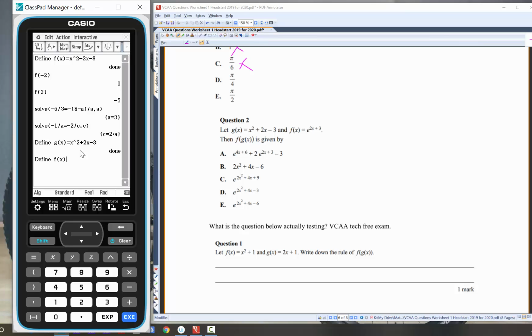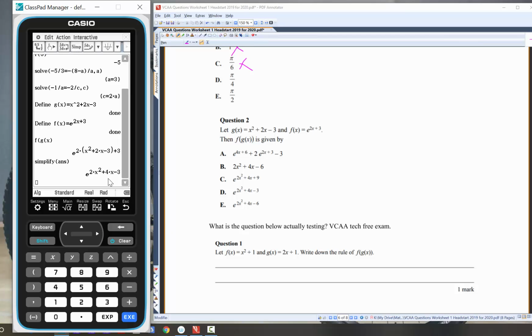Define f of x equals shift 4 for e to the 2x plus 3, and do f of g of x. There it is there. And I wonder if simple do an expansion: e to the 2x squared plus 4x take 3. It looks like it's D.